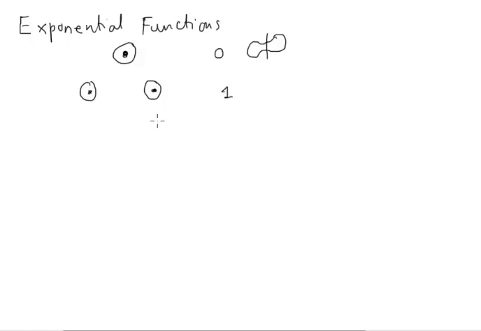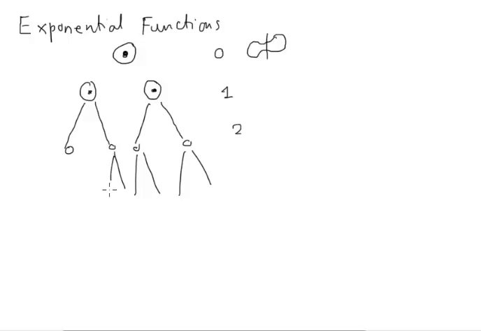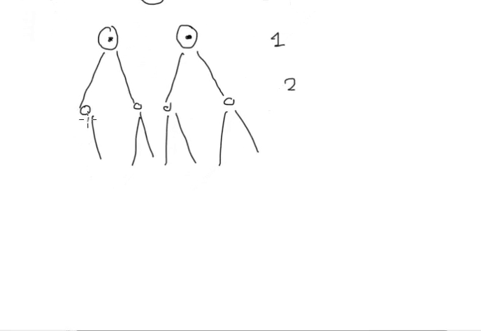Then the following day, now it's after 2 days. This cell would have produced something there, and this one would have produced something there. I'm drawing this roughly, I hope you understand what I'm saying. Then the following day, this one will go there, this one will go there, and so on.